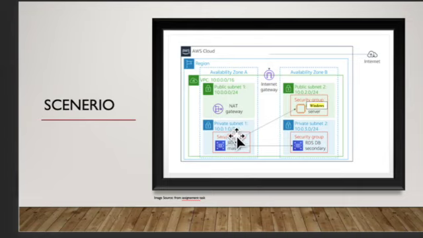They can access the internet only if they route their traffic through the network address translator, called the NAT gateway, here in the public subnet. It allows the instances in the private network to initiate outbound traffic to the internet, while preventing unwanted inbound traffic from the internet.